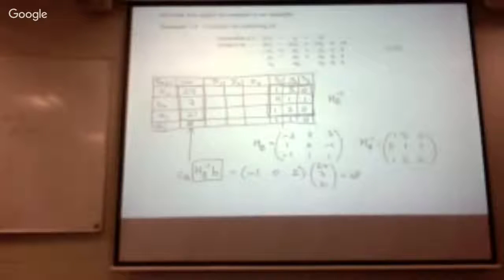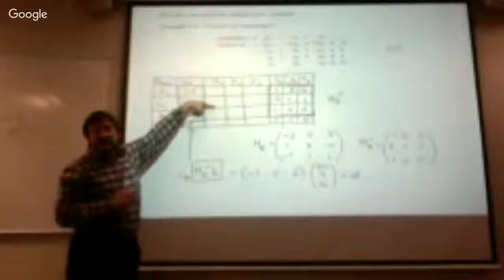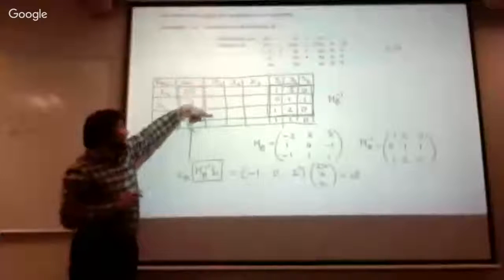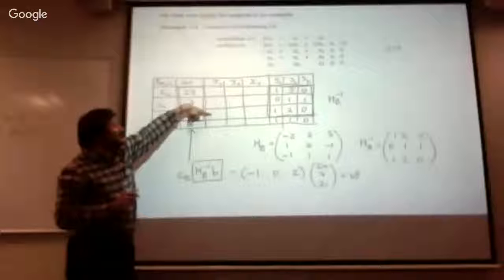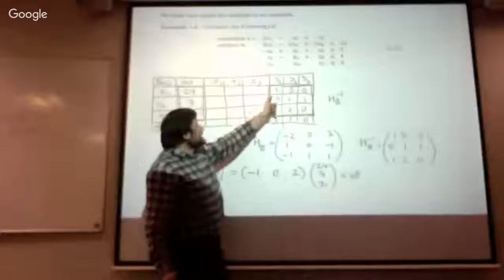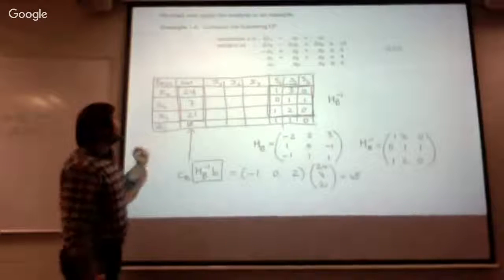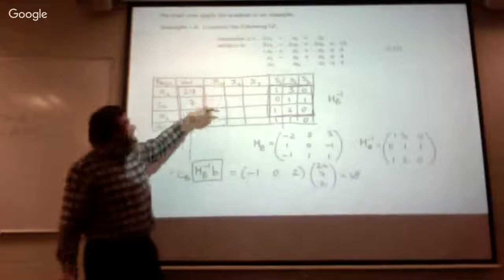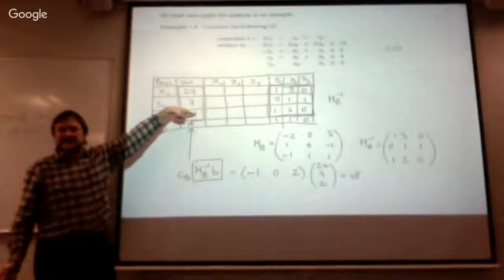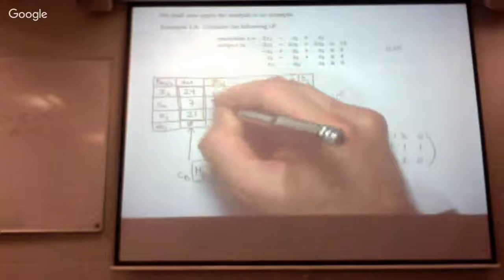Okay, now what remains is these entries. So I said this was MB inverse times A. If I just wanted this column, and I look at that column of A, 3 minus 1, 1, and I do 3 times, oh no, this one's boring, sorry, I want this column. This one I know where it's going to be because x1 is in the basis. So x1 is in the basis, I can fill it in.